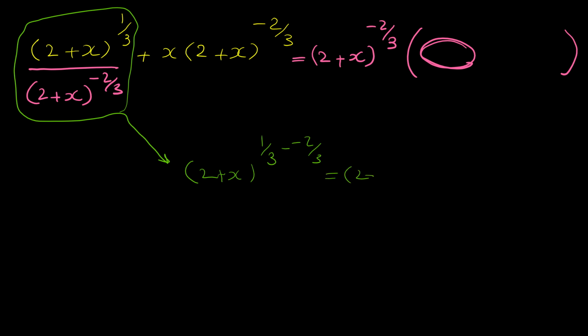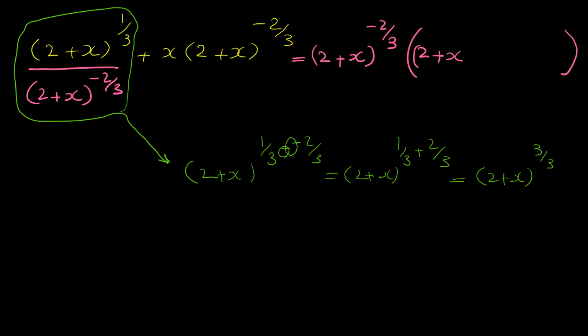This is 2 plus x to the power of 1/3 plus 2/3, because minus minus would be plus. And 1 over 3 plus 2 over 3 is 3 over 3. So this is 2 plus x to the power of 3 over 3, which is 1. So here we have 2 plus x. It's up to you to put a bracket for this or not. This is completely optional.